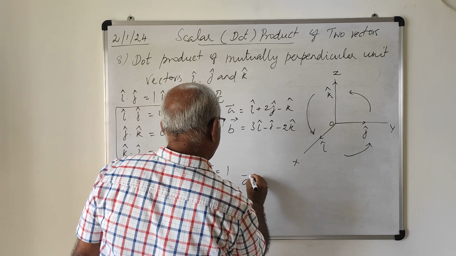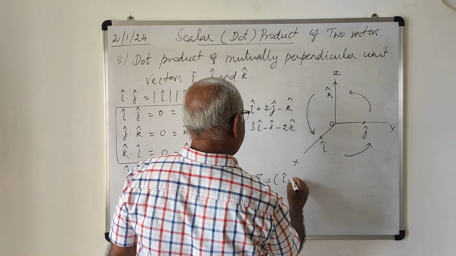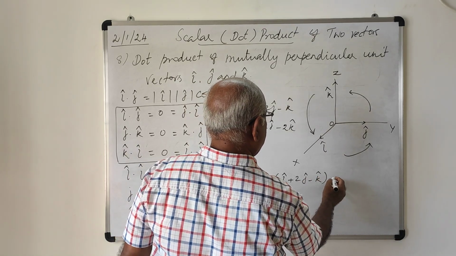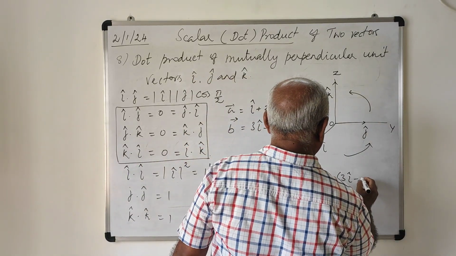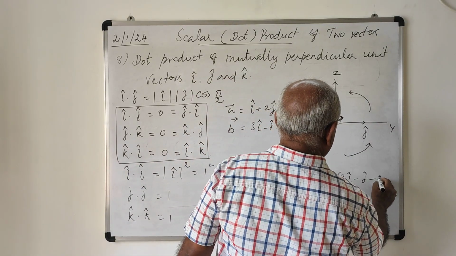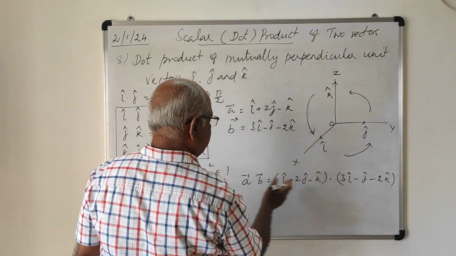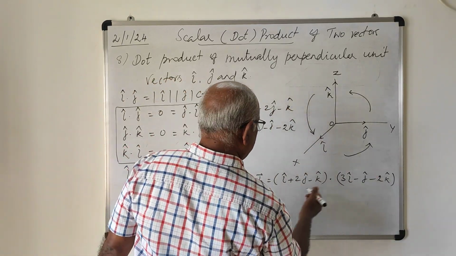A dot B: A vector is I plus 2J minus K, dot B vector, 3I minus J minus 2K. So, the dot product of two vectors in their components: A is I plus 2J minus K, B is 3I minus J minus 2K.